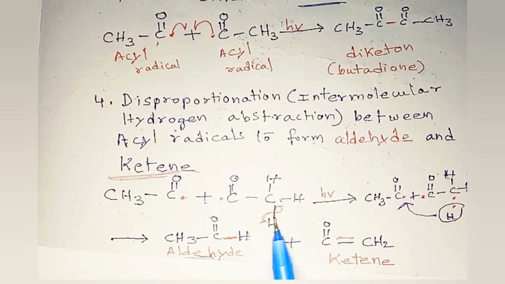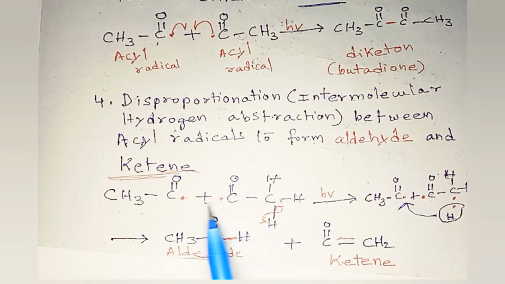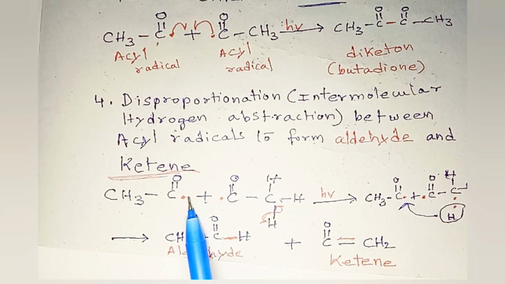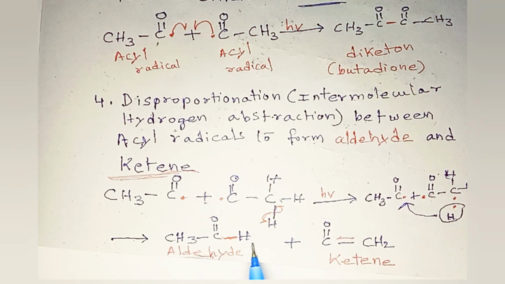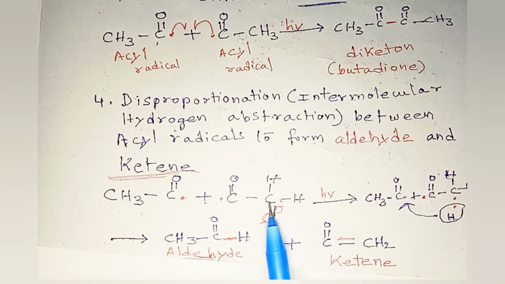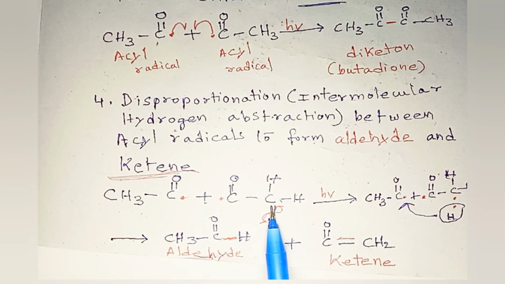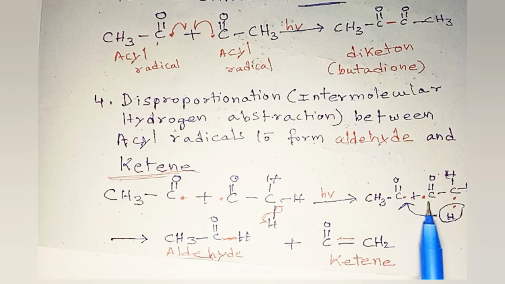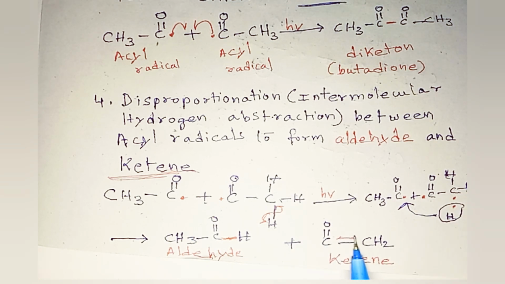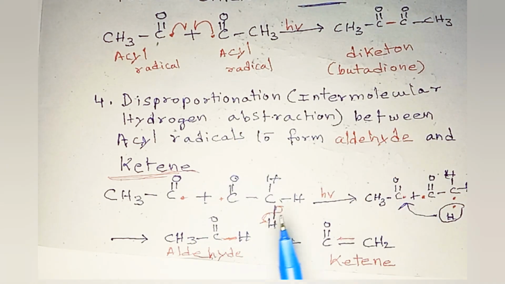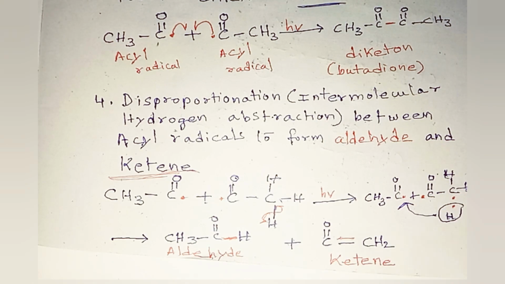As a result, this hydrogen is abstracted by the other acyl free radical to form an aldehyde, CH3 C double bond OH, and this carbon has a radical here, and this carbon will get another radical here. These two radicals will combine to form another bond here. So it will have C double bond O double bond CH2, that is ketene. So as a result of disproportionation, we get an aldehyde and ketene.